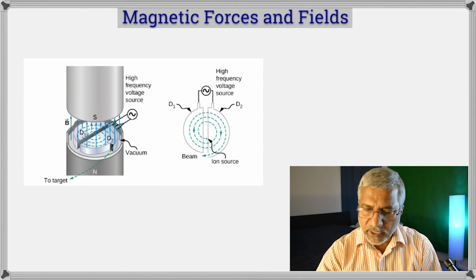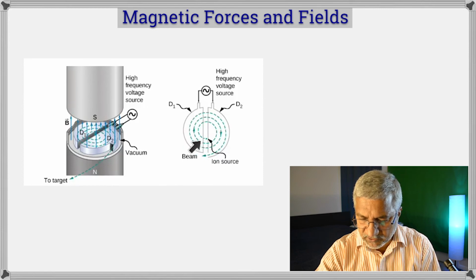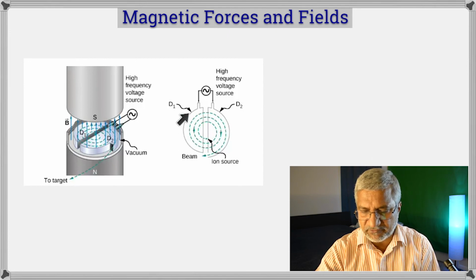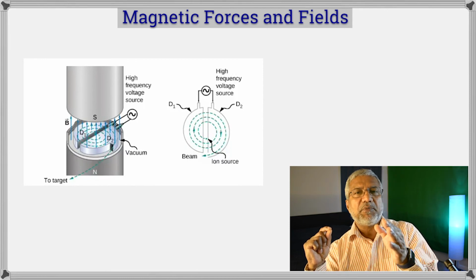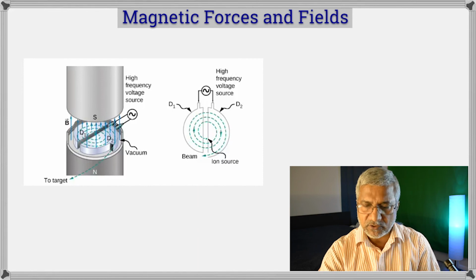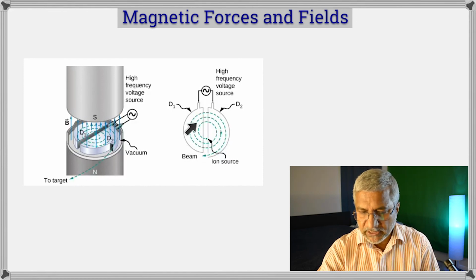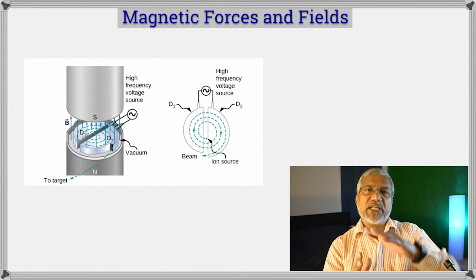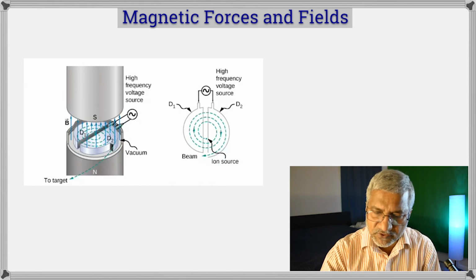Let's imagine this is a positive ion, just to explain. When it just comes out, if D1 is negative, being a positive ion, it'll be accelerated towards it. So that's why you see that coming in. And also, I forgot to tell you this, right outside you have the north and the south pole, you see.